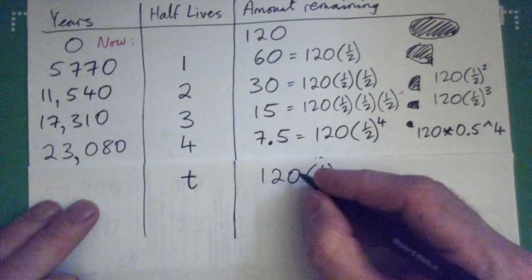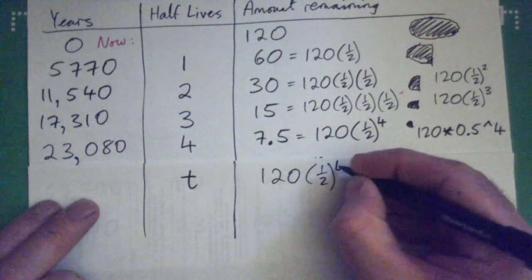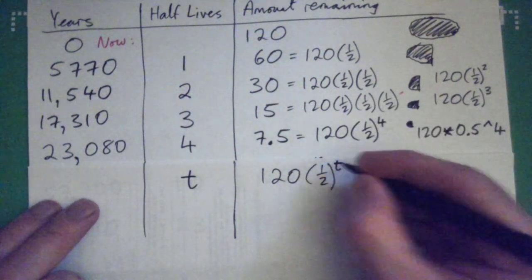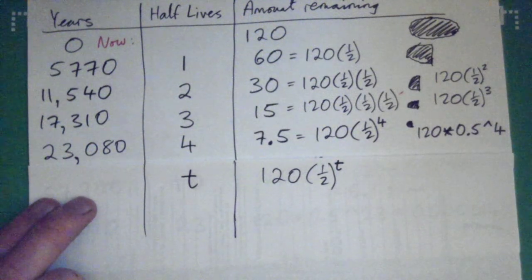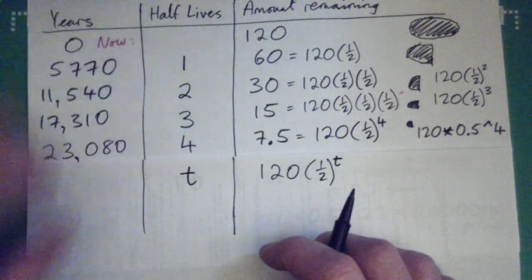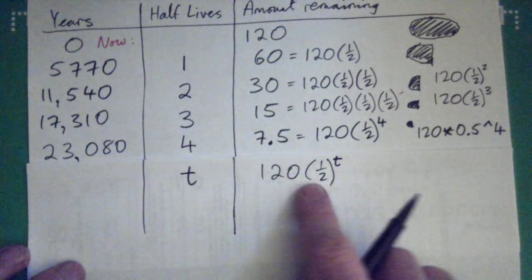Correct. 120 times a half to the power of t. And that is correct. That's the answer. Yep. So that is the formula for the amount remaining, right?